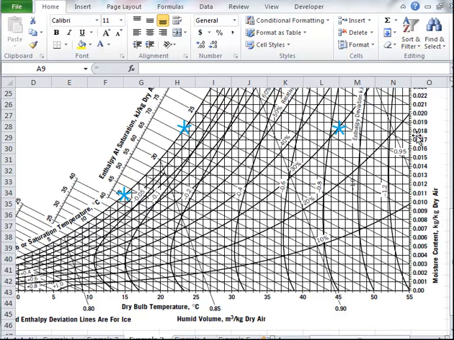So whereas I was at approximately 0.0184 kilograms of water per kilogram of dry air, now I am at approximately 0.018 kilograms of water per kilogram of dry air.